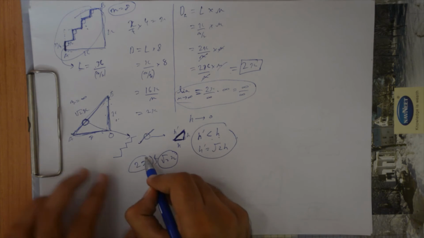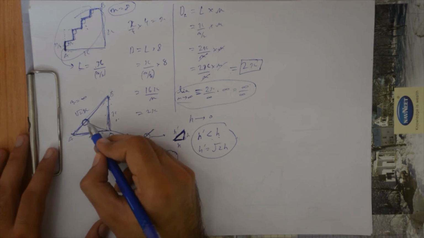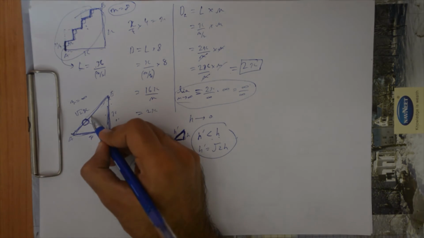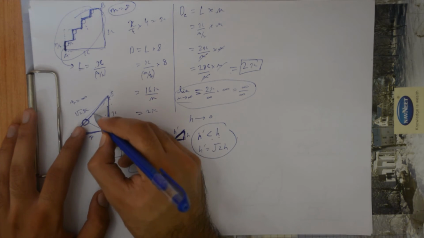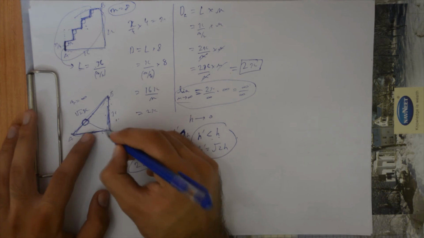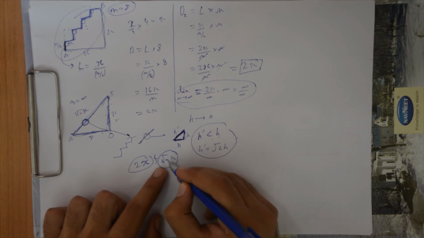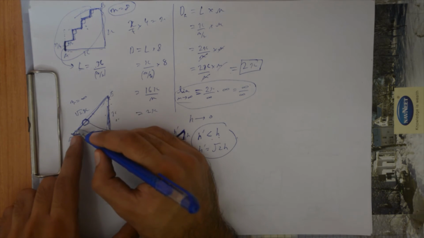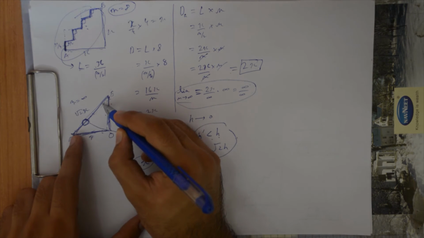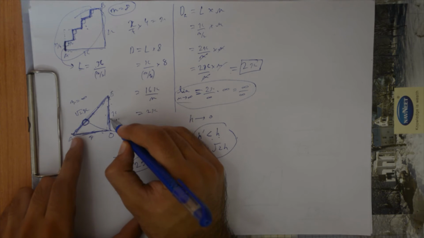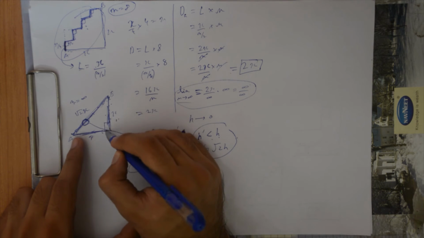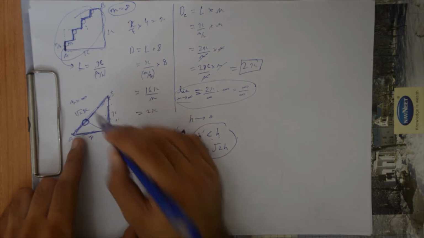This 2x is of the figure which has n number of steps, where n is tending to infinity, but each step is parallel to either side of the triangle. And this root 2x is coming from a different equation where we do not have such a constraint, and this is actually the hypotenuse of the right angle triangle.